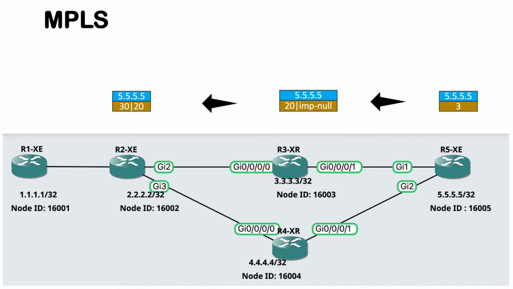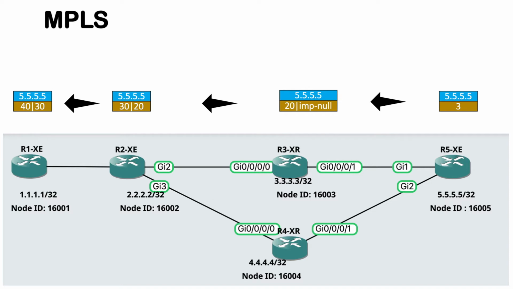So whenever R2XC is sending any packet to R3XR for the prefix 5.5.5.5, it would use the label 20. Similarly, it reaches the last hop, the R1XC router. There also one local label will be calculated and the remote label would be the label advertised by R2XC.